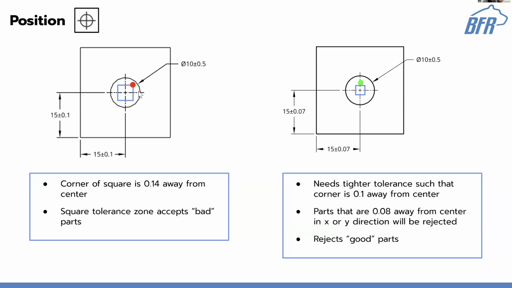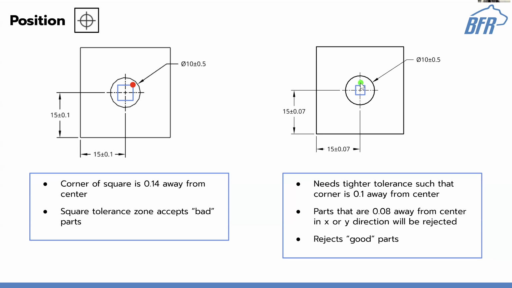So now to compensate, I'll decrease the size of the hole, right? So now it's 0.07 tolerance on all of these. So the farthest out it goes, this point out in the corner, is now 0.1 inches away from the center, right? But now I'm throwing out good parts because the edges of the square are now closer than they were before.